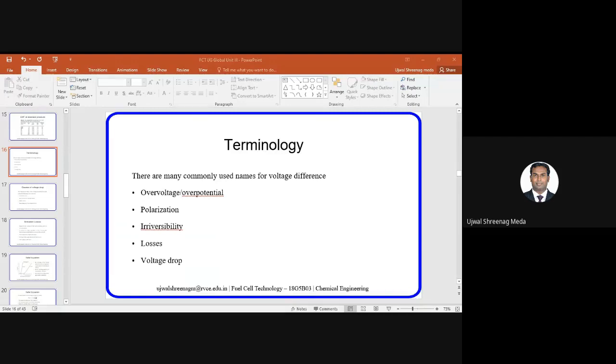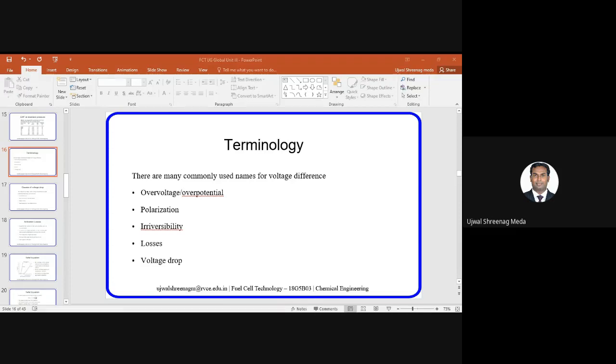When it is asked to explain in detail, it may go up to 12 marks. So you should learn more information about all these efficiencies by referring to the reference material, and you should be able to answer depending upon the marks. Okay, that's about what we learnt yesterday.